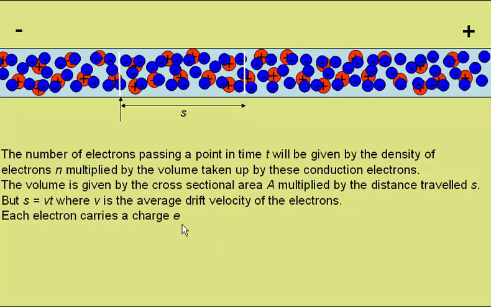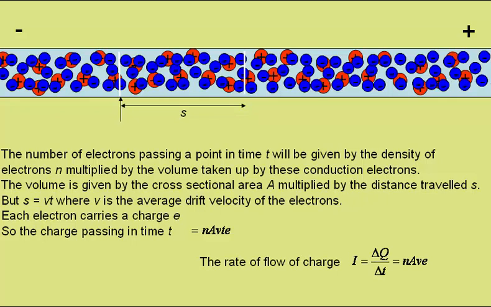Each electron carries a charge e, and so the charge passing in time t will be given by the density of the electrons, multiplied by the cross-sectional area of the wire, multiplied by their average drift velocity, the time taken, and the charge carried by each electron. But the charge passing in time t is simply the rate of flow of charge, or the current, as ΔQ over Δt.